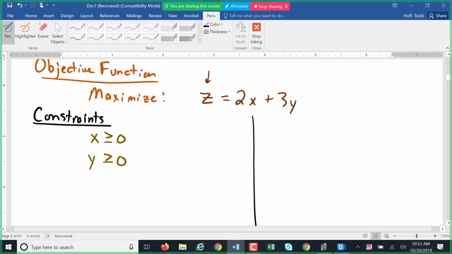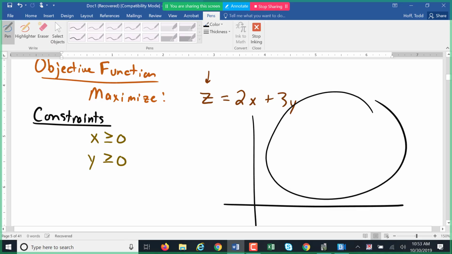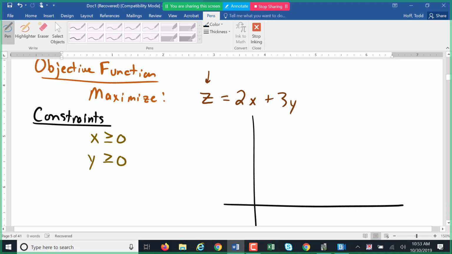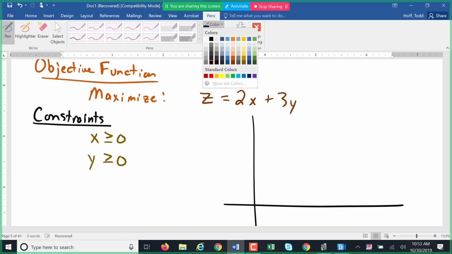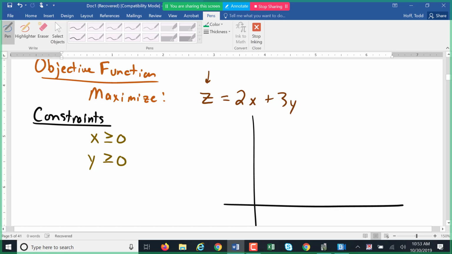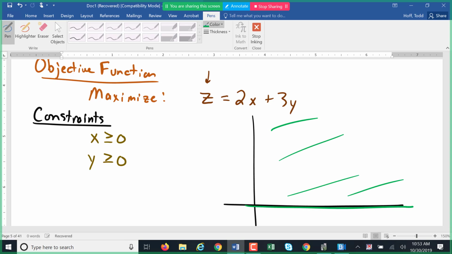So what that's saying is if I look at my graph, I am only looking at that first quadrant here, where both x and y are positive. I could graph those inequalities. Here is x equals 0, so it's going to be shaded up here.